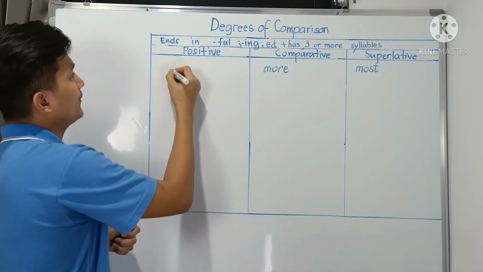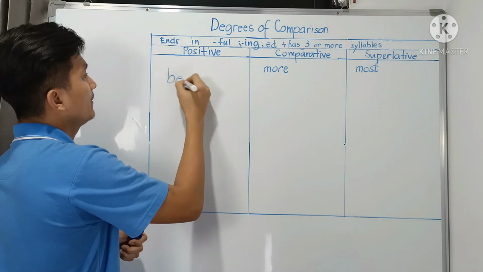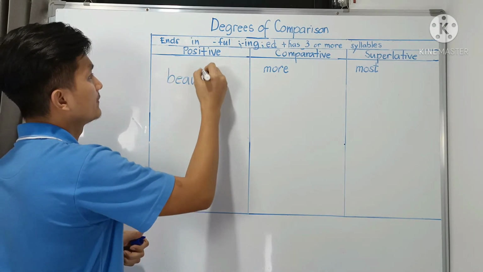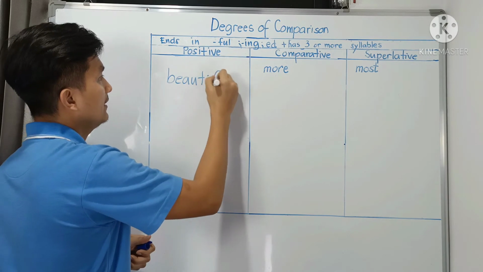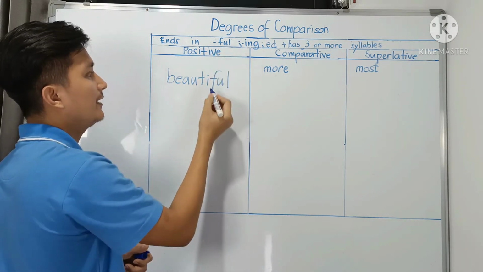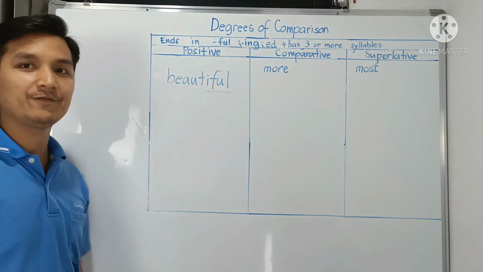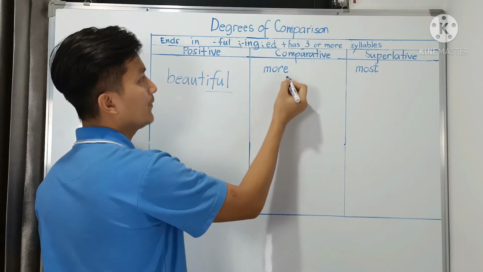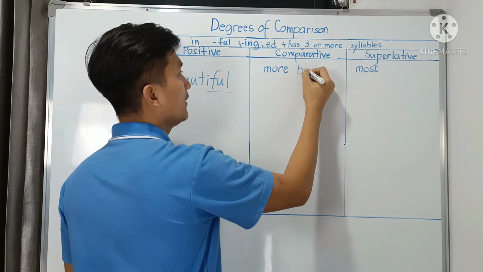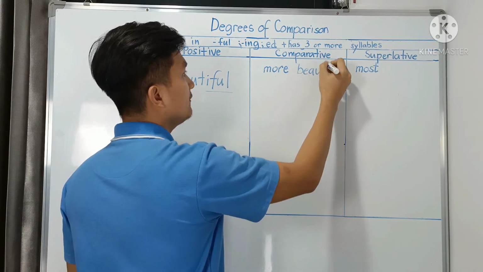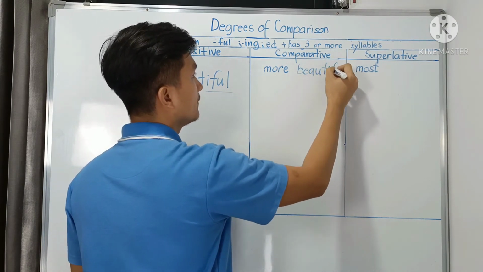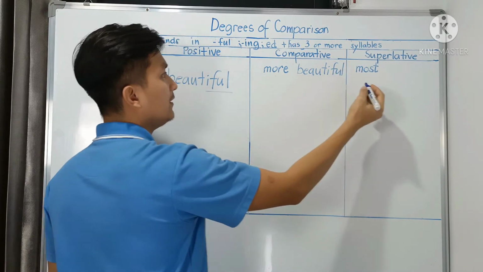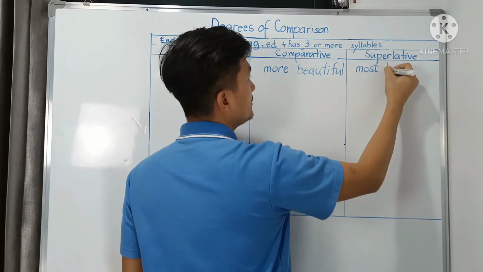For example, beautiful. It ends in FUL, right? So we're going to write more beautiful. And here, most beautiful.